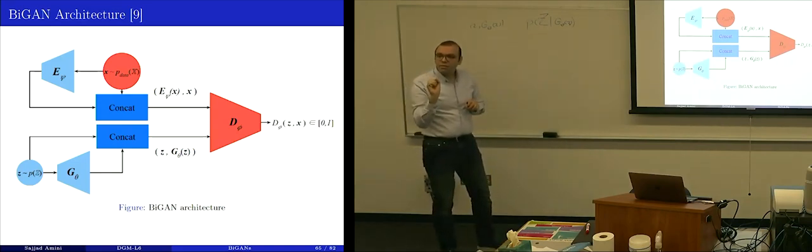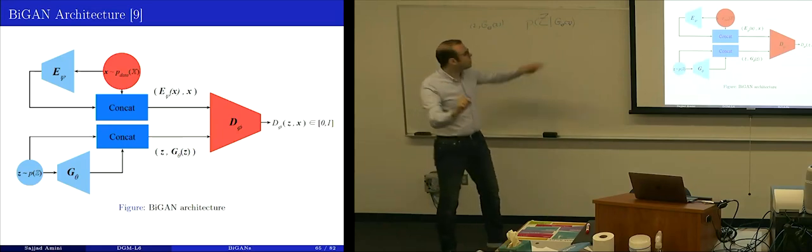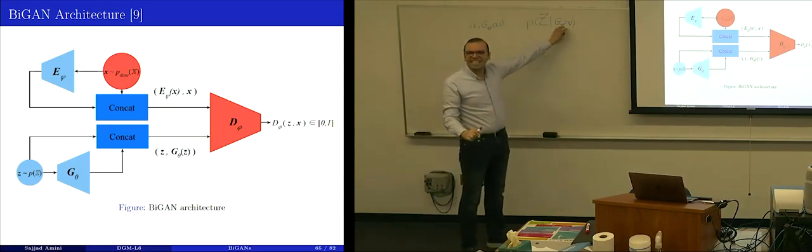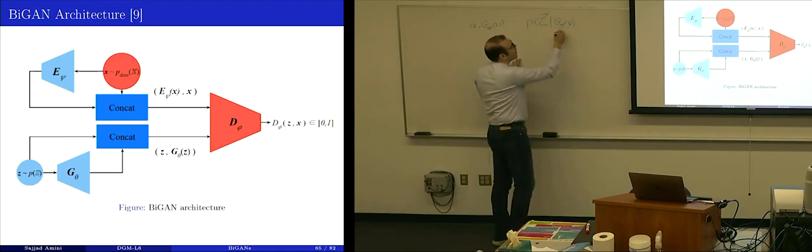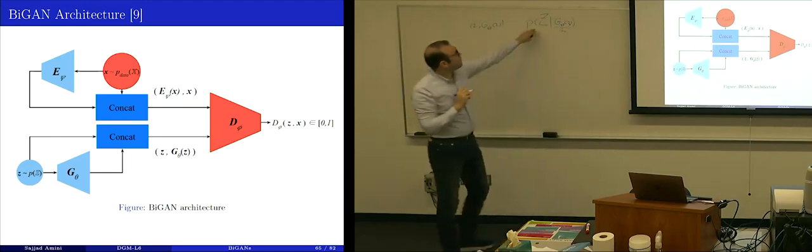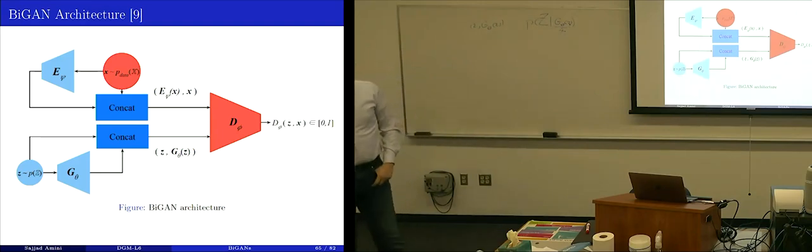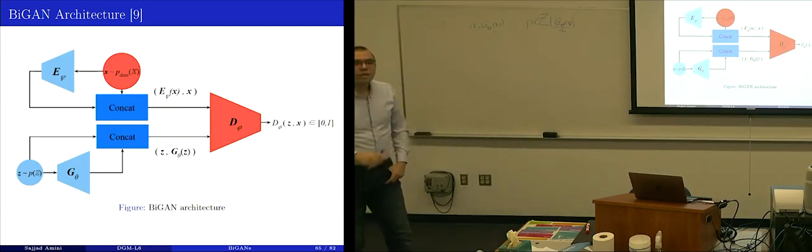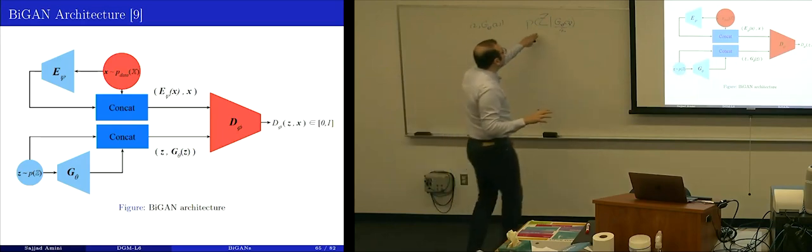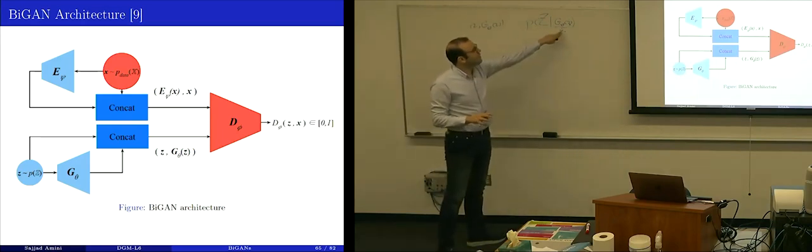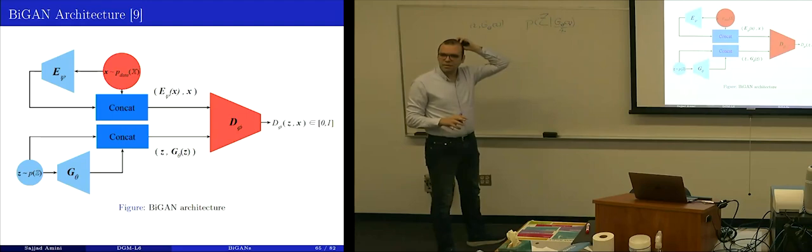I use Z0, pass it through the generator and generate an X, X0. What is this distribution? Discriminator? No. I want a distribution over Z, given this G theta of Z0.